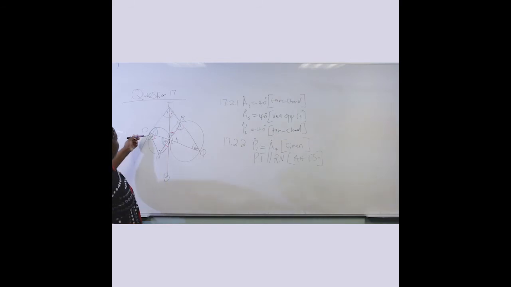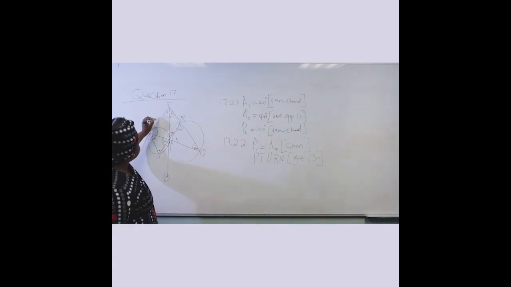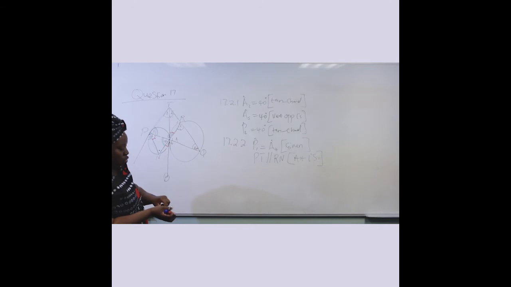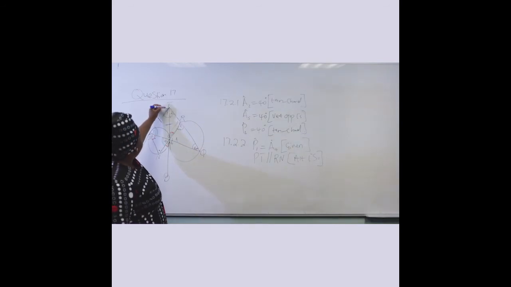So let's see if we can find that TR is parallel to PN, or alternatively, we know that PT is actually equal to TA. Why? Because they are the lines or the tangents drawn from the same point.